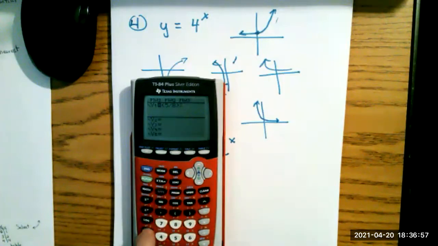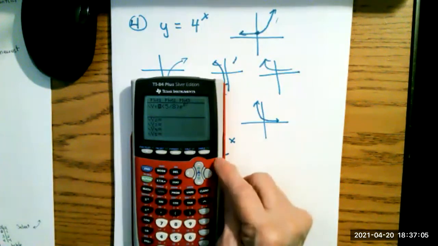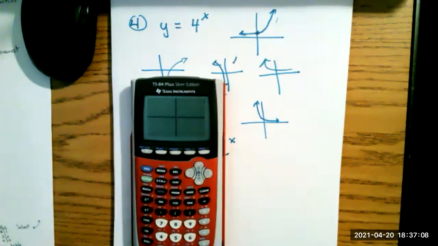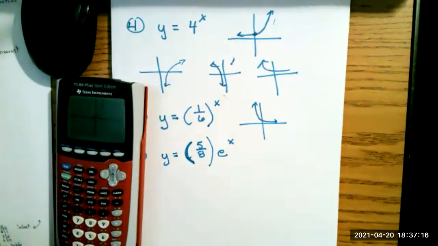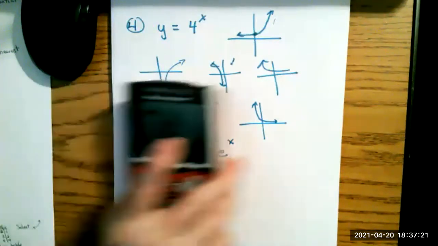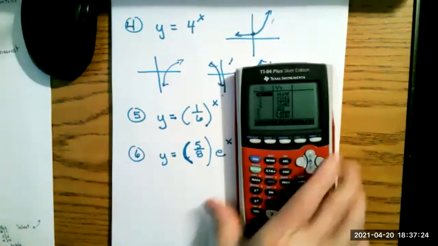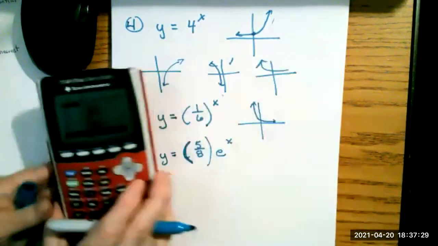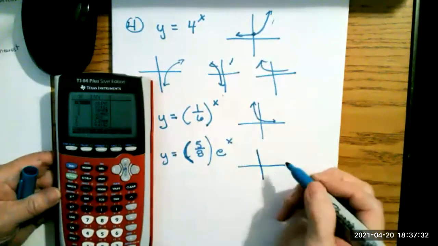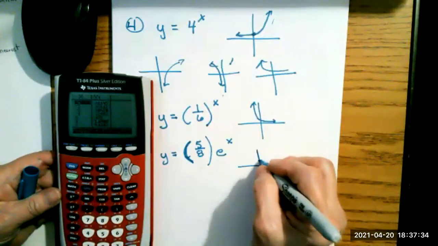You'll have to figure out how to get it in there. You'll have to use your second and your ln key to get your e, and then you put that little x right there in that exponent place, and let's see what it looks like. Notice that if you look at that one, it's not going through the 0, 1 any longer. Why not? It says at 0, I have 0.625.